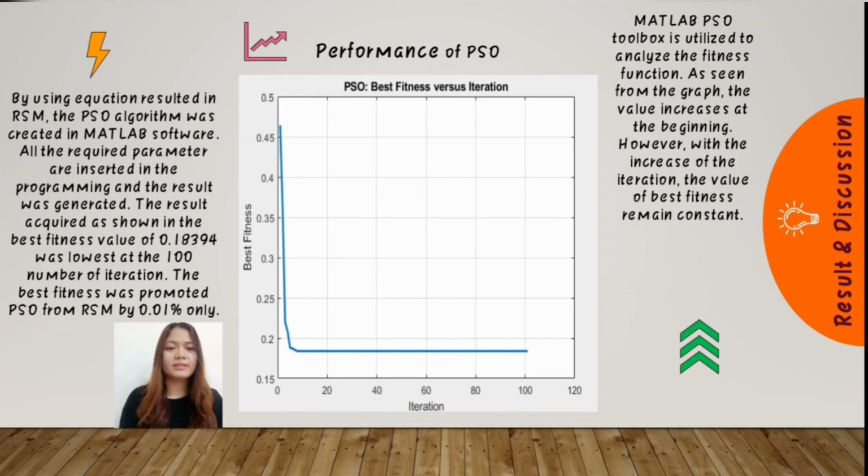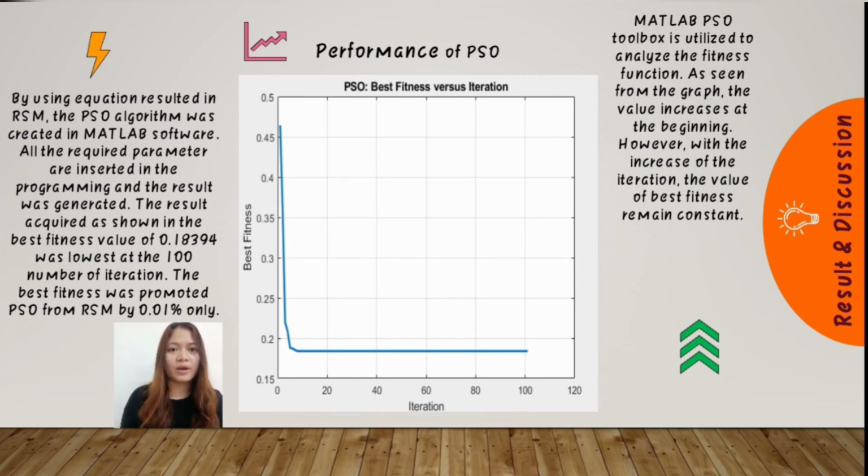The performance of the PSO. Here we can see the graph for the PSO best fitness versus iterations. Using the equation obtained from the RSM, the PSO algorithm was created in MATLAB software. All the required parameters were inserted in the programming and the result was generated.